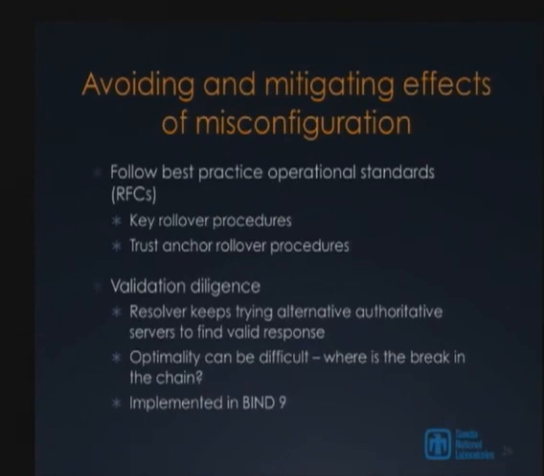There's also what I call validation diligence: if a validating resolver wants to get an answer but gets a bogus response from somebody, it'll try the other authoritative servers, if it can. If it gets a bad or expired signature, it'll keep trying. Obviously, that only helps if there is a valid signature on one of the other ones, but that's what I call validation diligence.